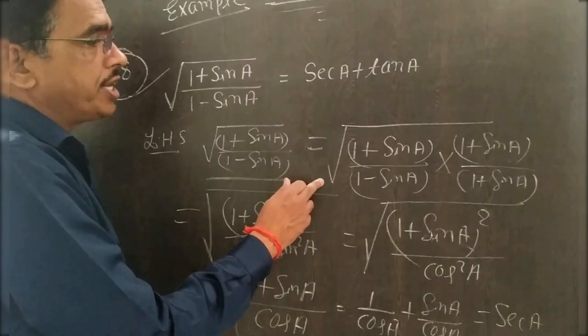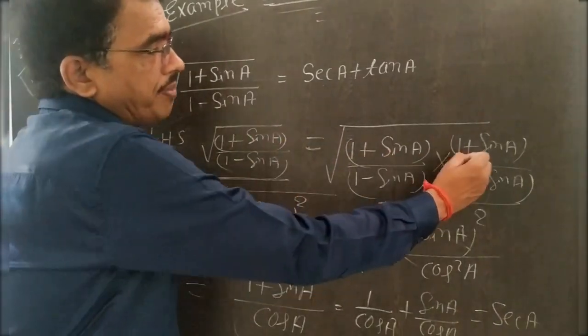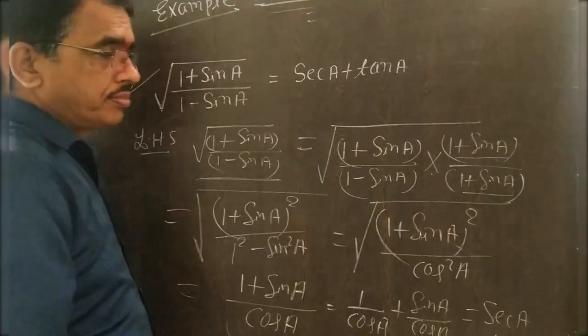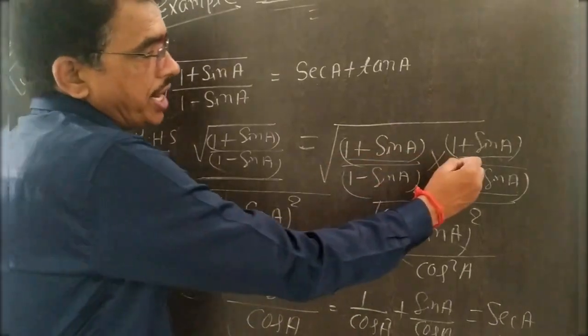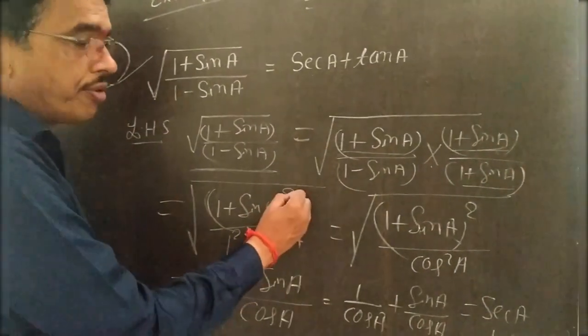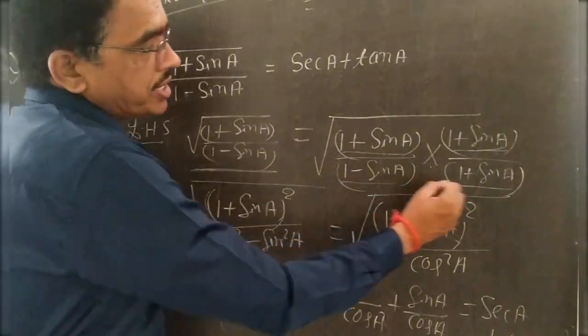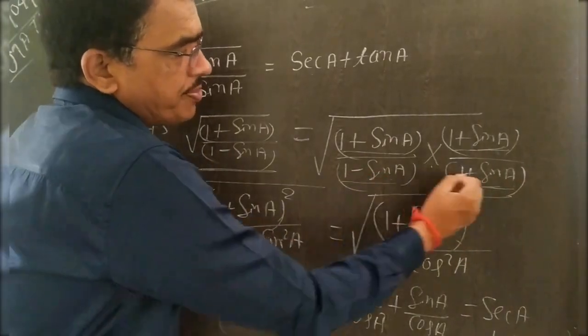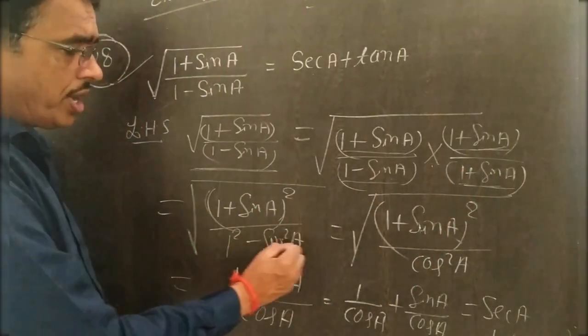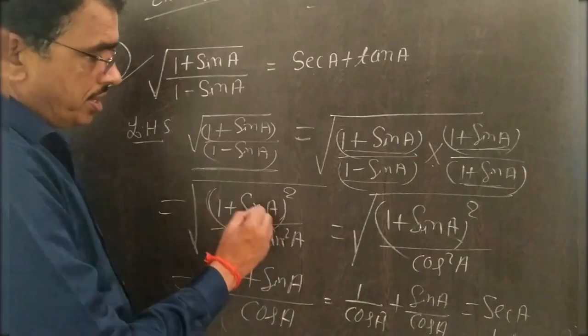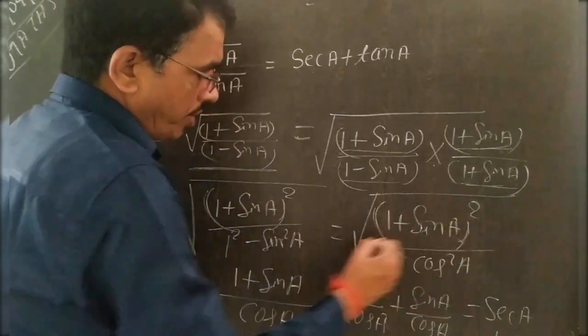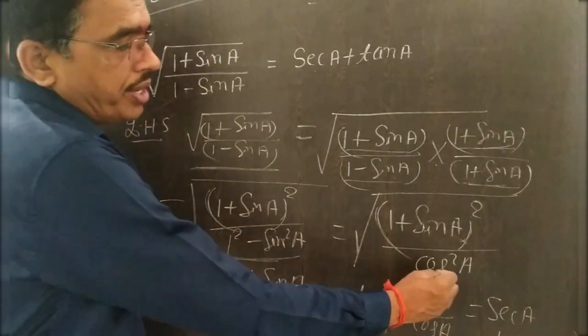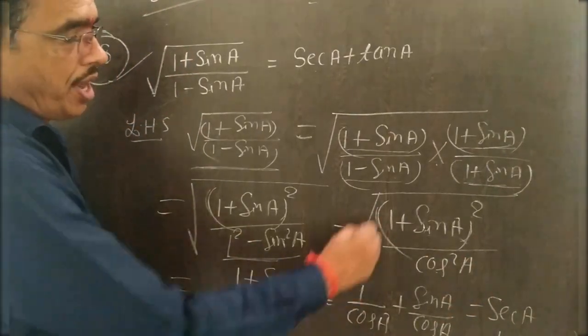So first we multiply by 1 plus sin on both. What do you get? 1 plus sin times 1 plus sin, that is 1 plus sin whole square. 1 minus sin times 1 plus sin, that is a minus b times a plus b, that is a square minus b square. Hence 1 plus sin whole square over cos square a, under root.